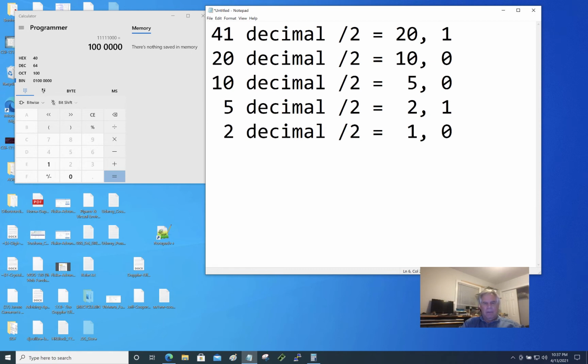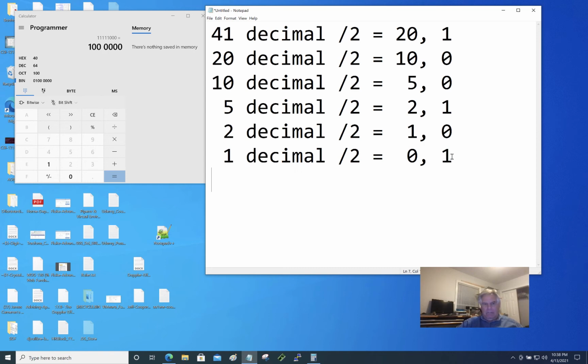And finally, I take 1 and divide by 2, and I get 0 with a remainder of 1. And so our number has, let's see if we do it right here, 1, 2, 3, 4, 5, 6 bits.